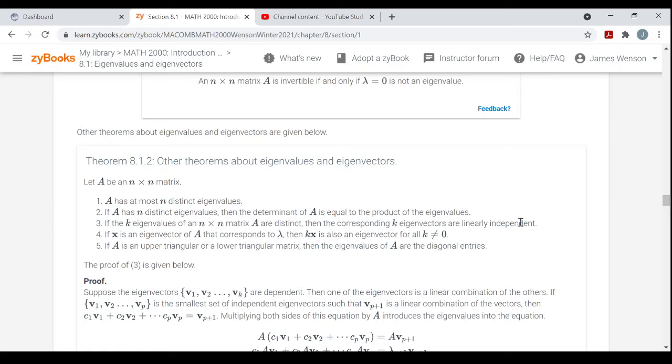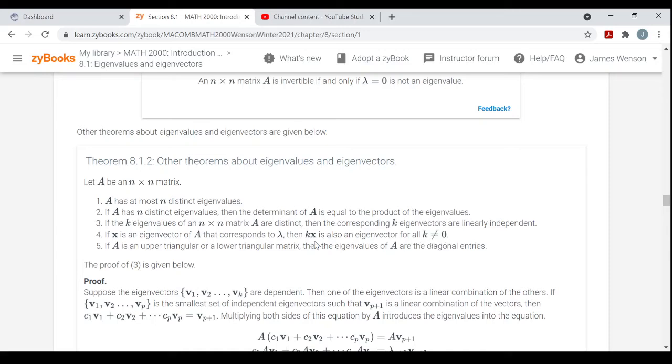All right. So the eigenvectors of different eigenvalues will be independent. If x is an eigenvector of A that corresponds to lambda, then k times x is also an eigenvector for all k not equal 0.